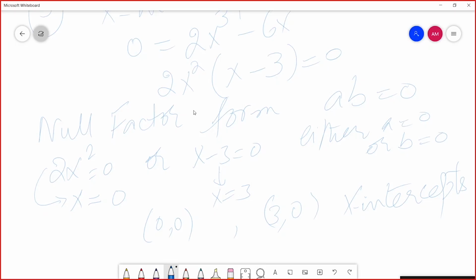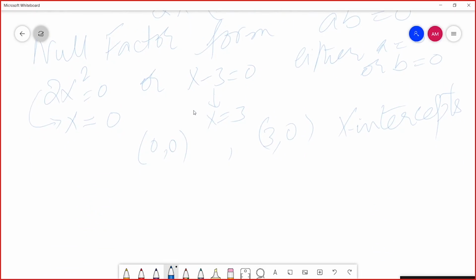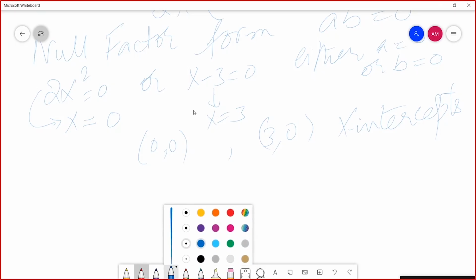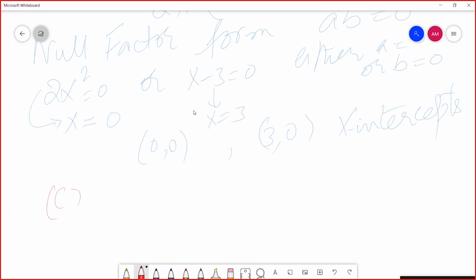Yes? Okay. Now we move to the third part. We have to find the behavior. How is y as x tends to positive infinity, and x tends to negative infinity?